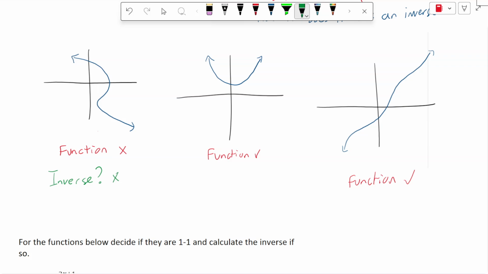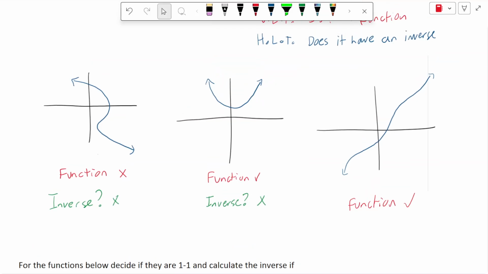This one here, does it have an inverse? The answer here is no, because it does not pass the horizontal line test. So for example, let's have a look at 3 for the x value, and let's suppose that the y value was 5 or something like that.